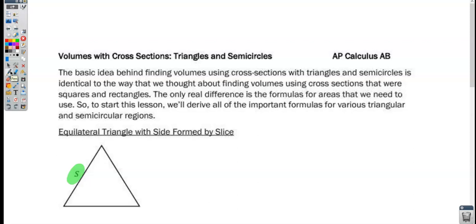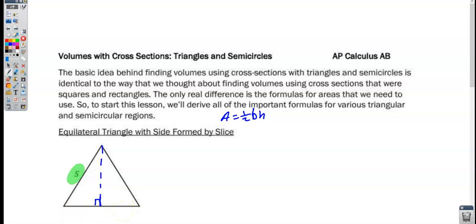So an equilateral triangle with side length S. In order to find the area of this triangle, we're going to find the area like we find the area of every triangle. 1/2 base times height is always the area of our triangle, but we need a base and we need the height. So I'm going to extend an altitude from our vertex up the top here down to the base of this triangle.